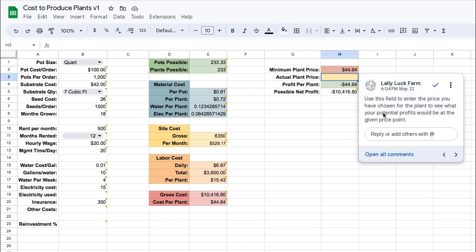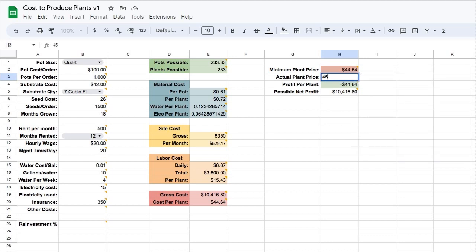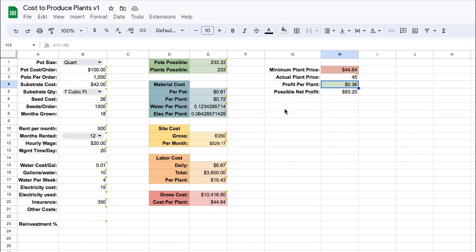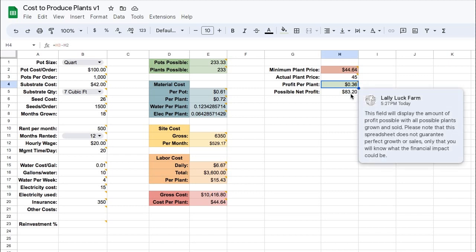And this right here is what you decide to charge for your plants based on the information that is being provided to you by the spreadsheet. So if my minimum plant price at this particular cost is $44.64, I can look at what it would look like if I were to charge a bare minimum $45. And over the course of an entire 18-month growing season, with all of that labor, the profit total would be about $83.